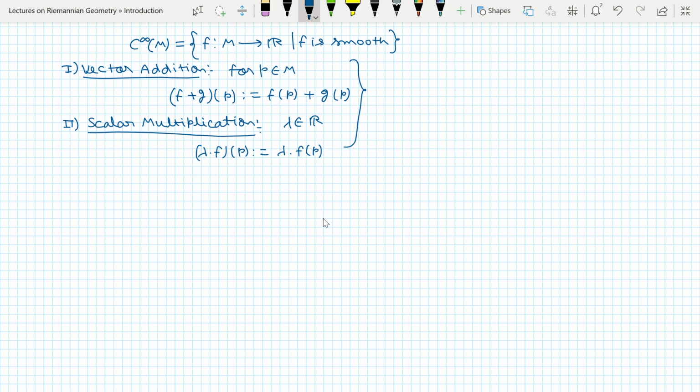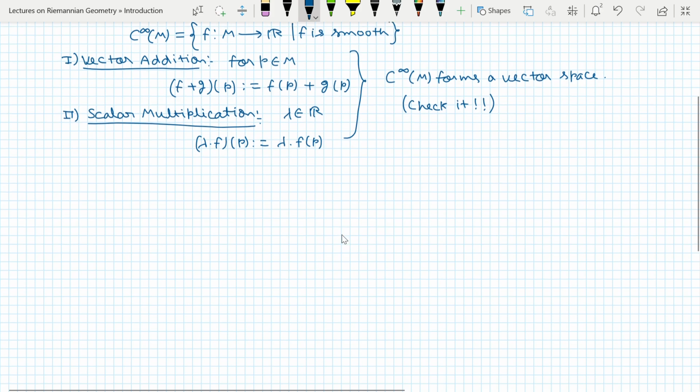With these two operations, C infinity of M, this set that we have, forms a vector space. And this is an easy exercise of linear algebra. So please check that with these two operations, this set forms a vector space.